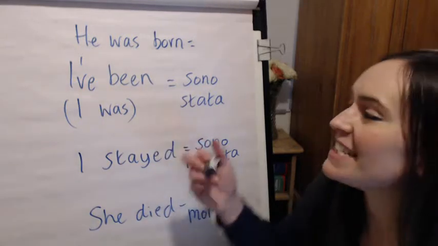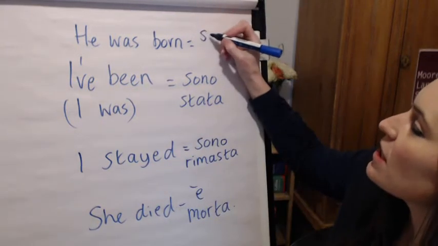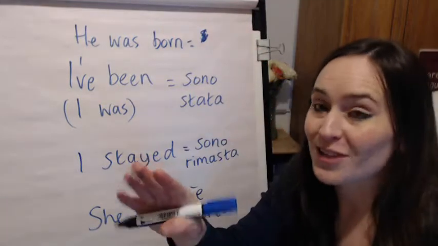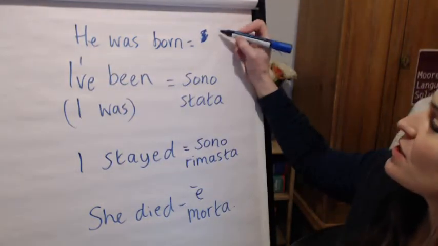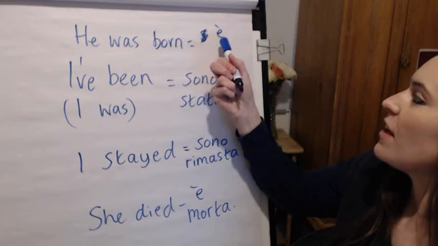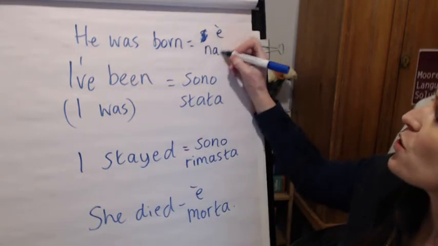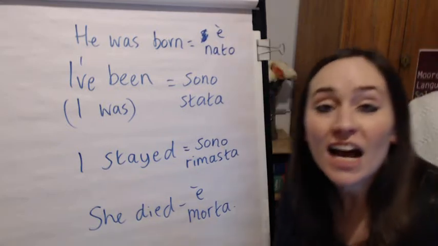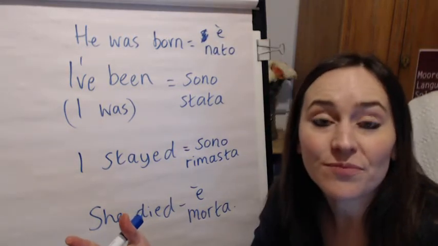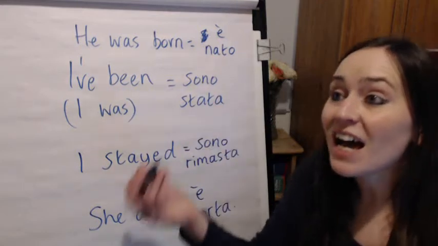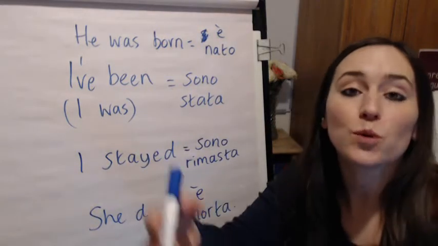It's probably something really easy. So scusa, it's not sono nato, we're talking about he. So it's the third person present tense of essere, and nato. È nato a Firenze. È nata a Milano. She was born in Milan.